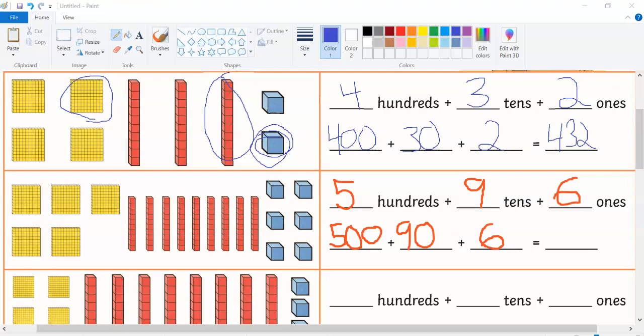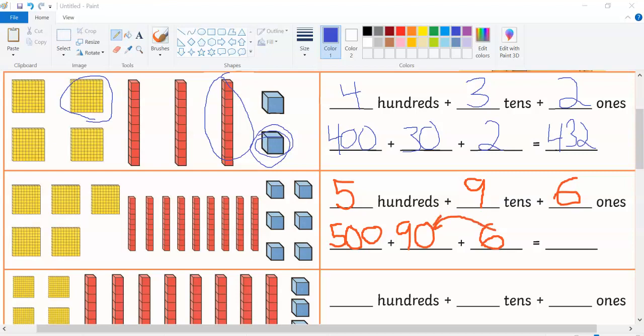The 0 here is the 1 spot. The 0 here is the 10 spot. Here's the 10 spot. Here's the 1 spot. We're going to move this 6 into here.